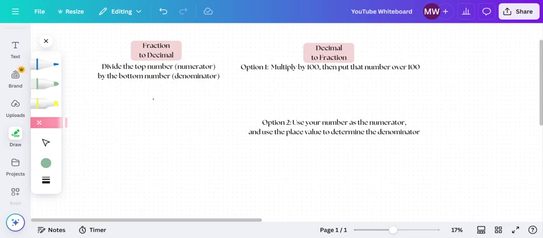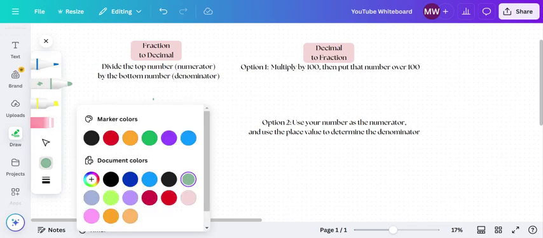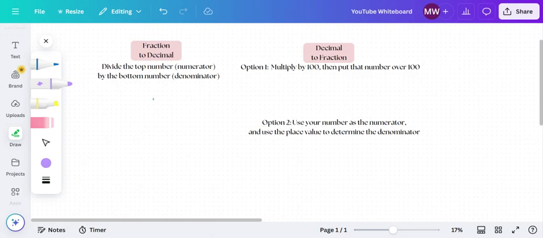All right, the first one we can look at is if we wanted to multiply by 100 and then put that number over 100. So let's say our decimal is 0.63. I can multiply that by 100, which equals 63. And then I would just put that number over 100 to make a fraction.